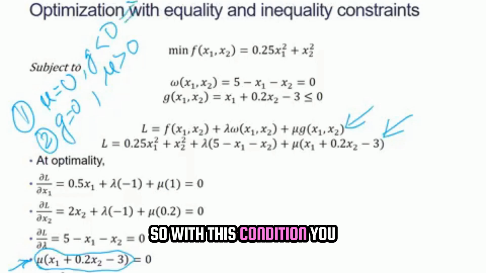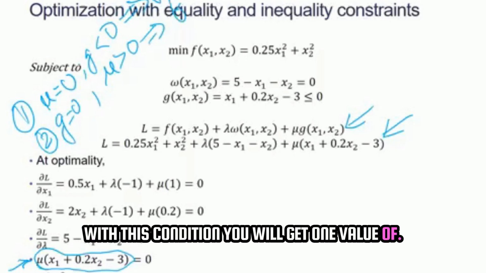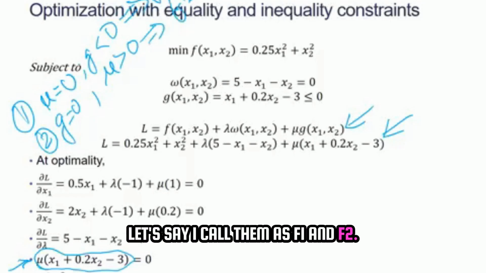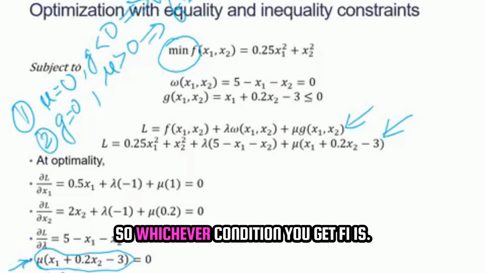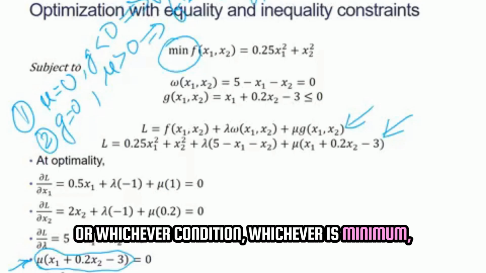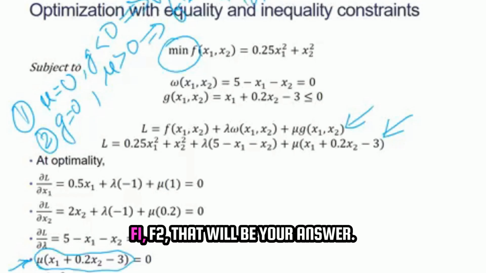With one condition you will get one value of f, and with the other condition another value, let's call them f1 and f2. Because this problem is a minimization type, whichever of f1 and f2 is minimum will be your answer.